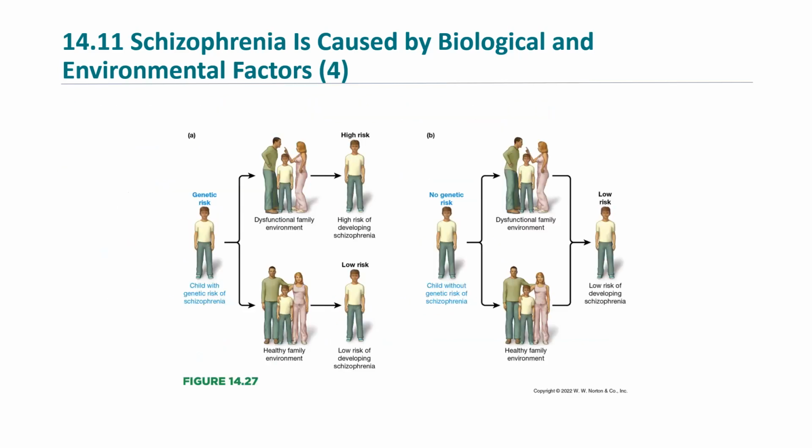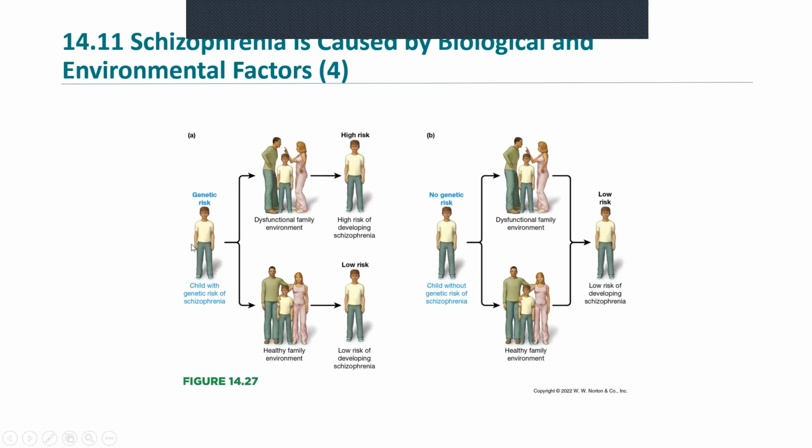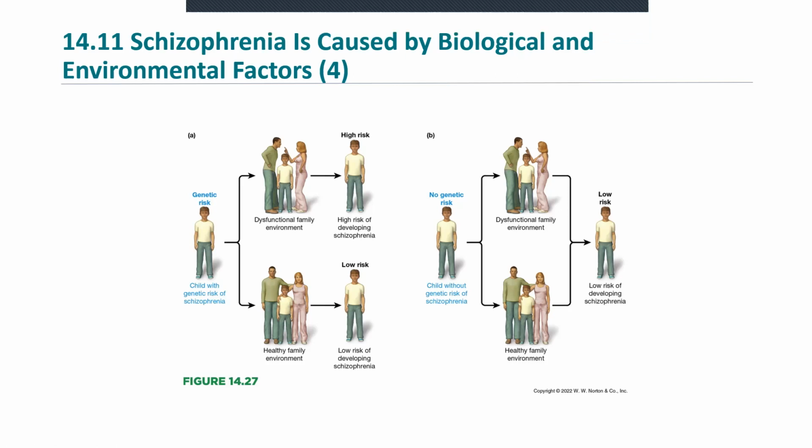And we can see it in picture form here. So one example of an environmental stressor is being raised in a dysfunctional family. So if we look at this picture here, this person in the left picture has a genetic risk. So they happen to have some genes that give them a risk for schizophrenia.